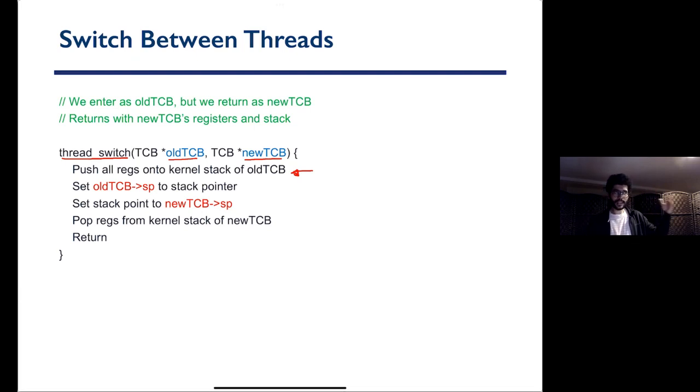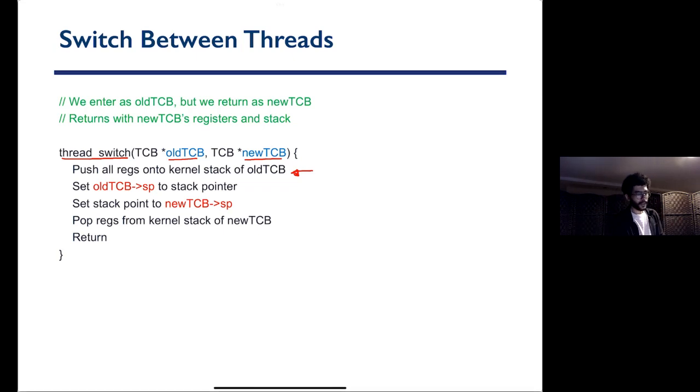In x86, this would be pushad. In ARM, you have to specify what registers you want to push. If you look at the thread switch code in your starter code, you will see that we're pushing all the registers in thread switch.